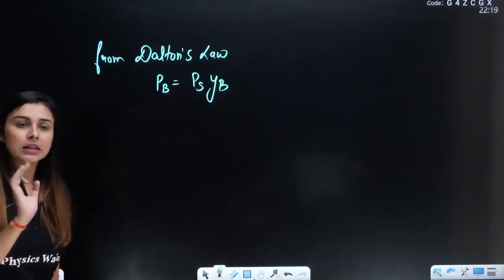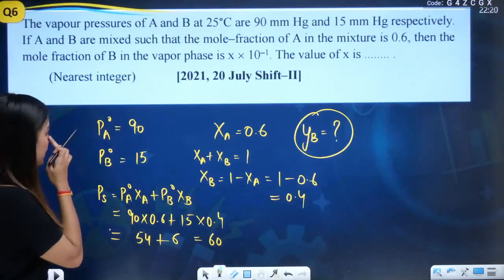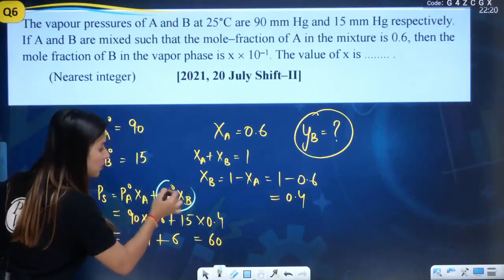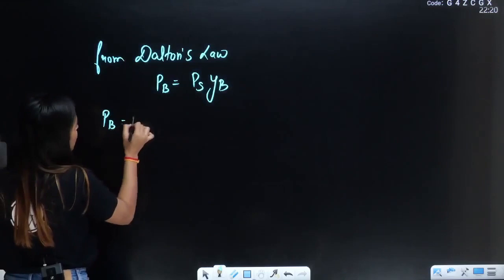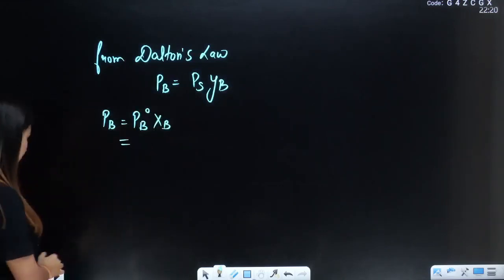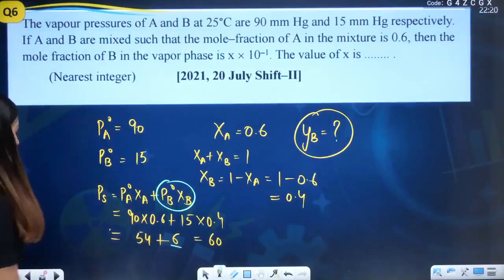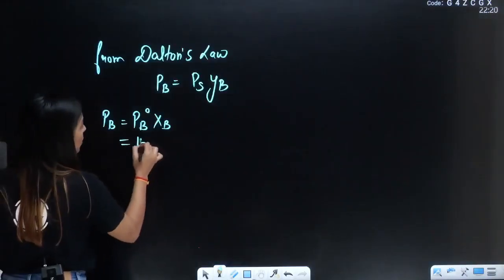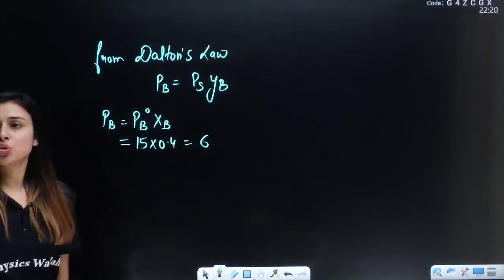Now, what is PB? PB is equal to PB naught XB, which came out to be 15 into 0.4, which is 6. So PB is equal to 6.